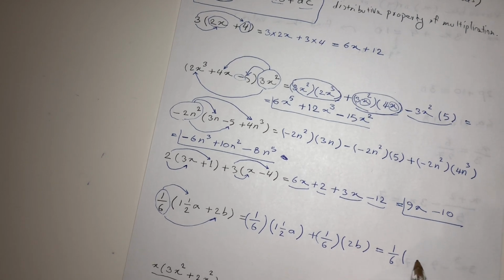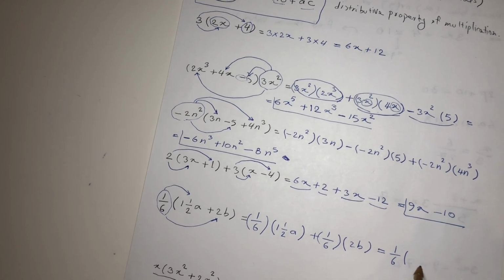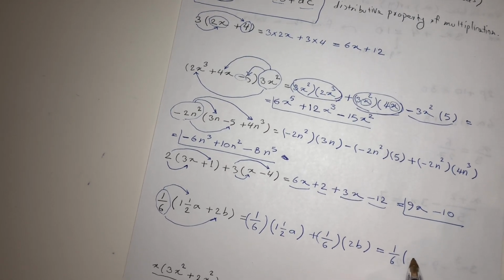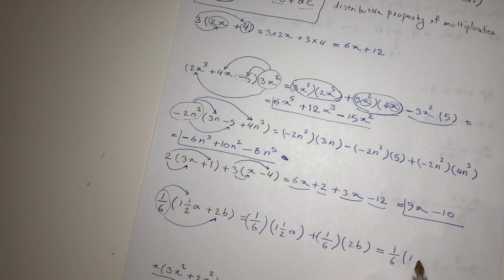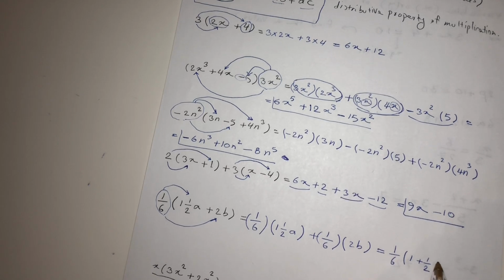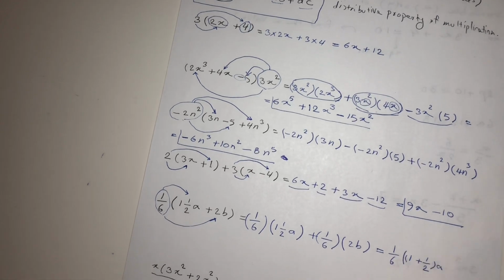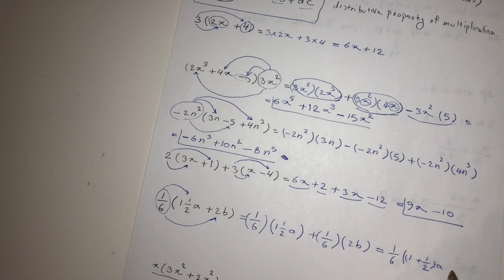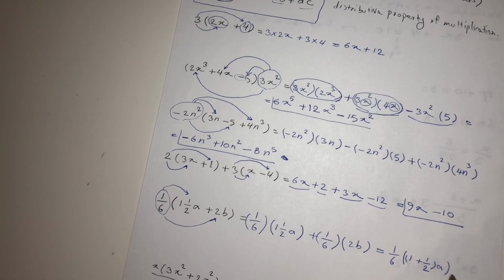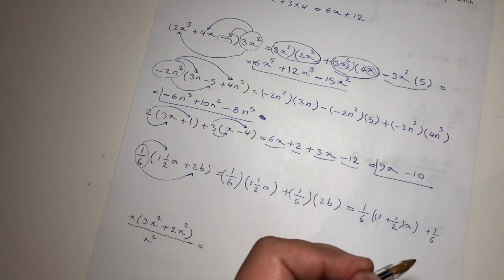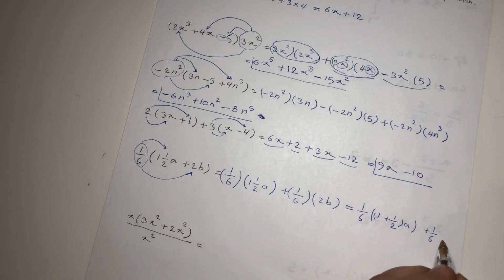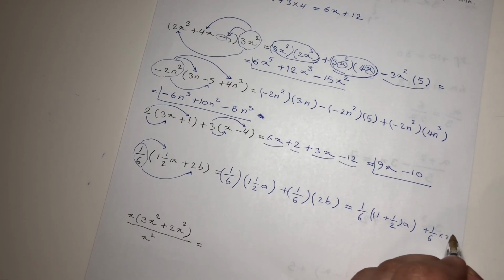I can write it as 1 plus 1 over 2, right? Multiplied by a plus 1 over 6 multiplied by 2b.